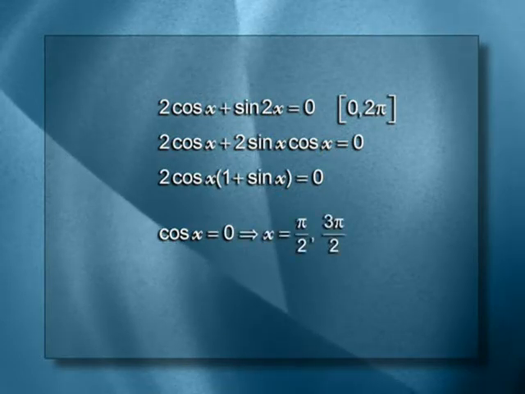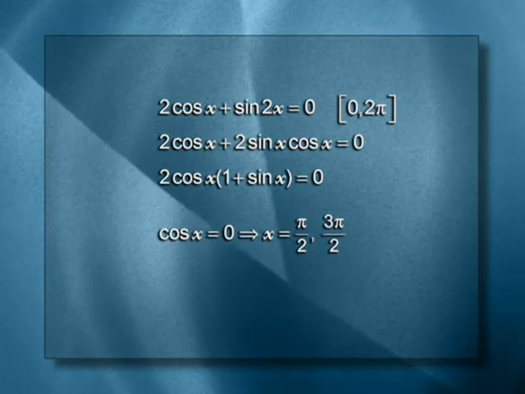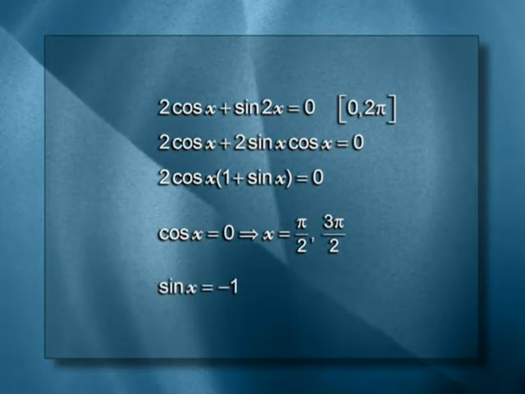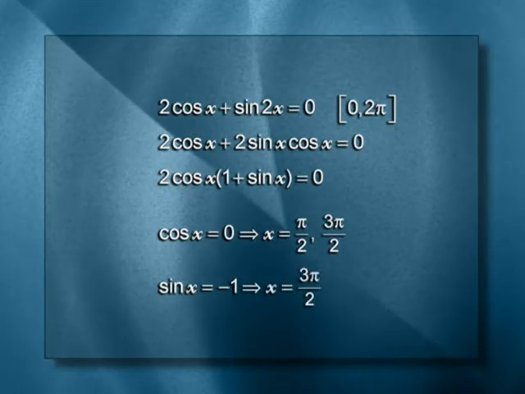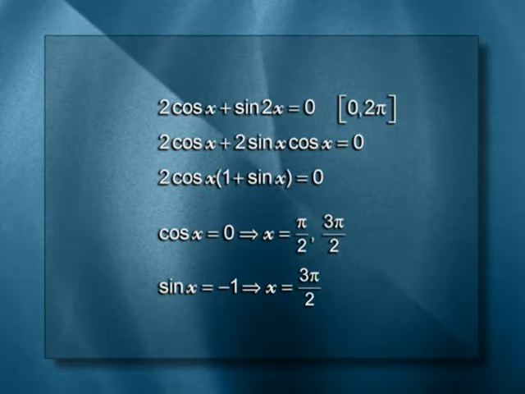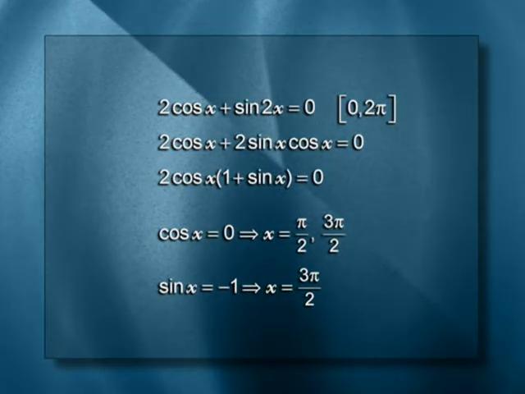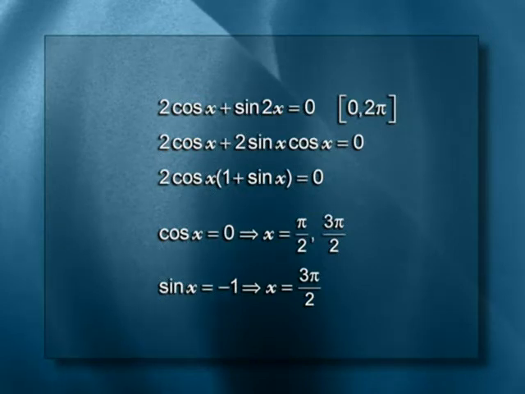Yeah, pi over 2 and 3 pi over 2. The other term was 1 plus sine x. That means sine x is minus 1. So what's x? Well, if sine is minus 1, x is also 3 pi over 2. We get kind of a repeated answer here, don't we? So the final answer on the interval 0 to pi are pi over 2 and 3 pi over 2.